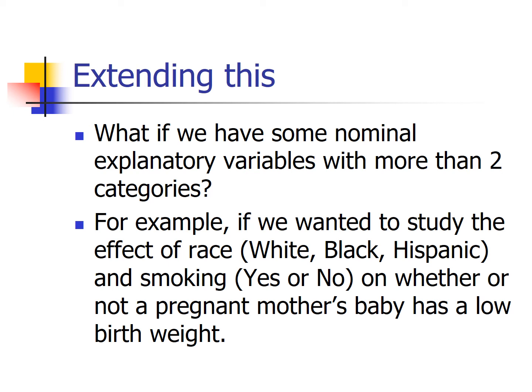So here, let's do an example where we want to study the effect of race, coded as white, black, or Hispanic, and smoking, yes or no, on whether or not a pregnant mother's baby has a low birth weight. Oh, the beloved birth weight data set. Yeah, it's a rite of passage for all graduate categorical analysis students, now including yourself.